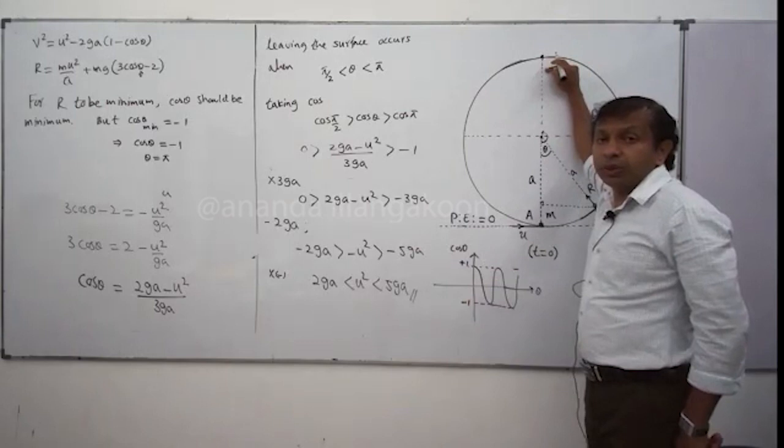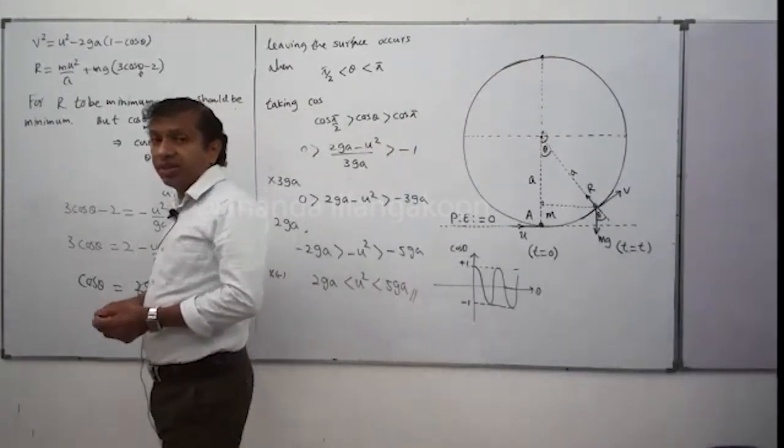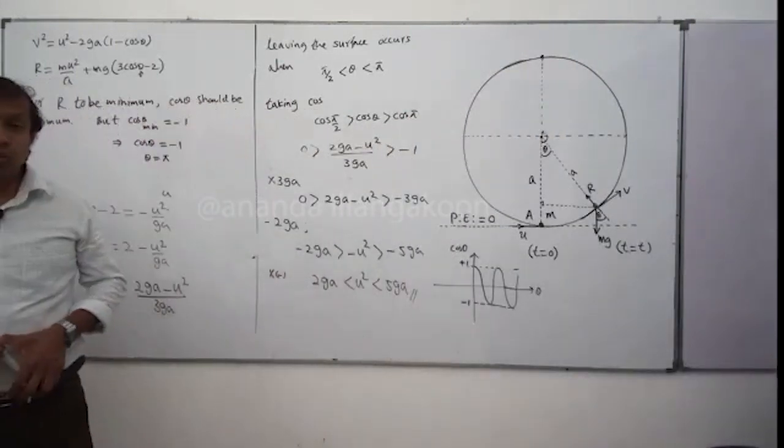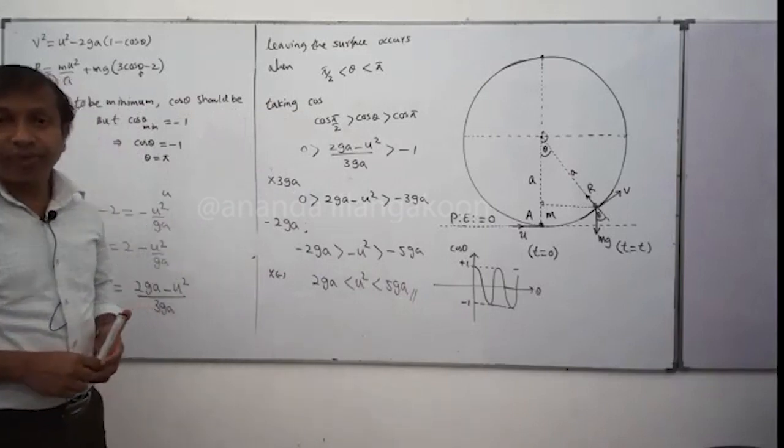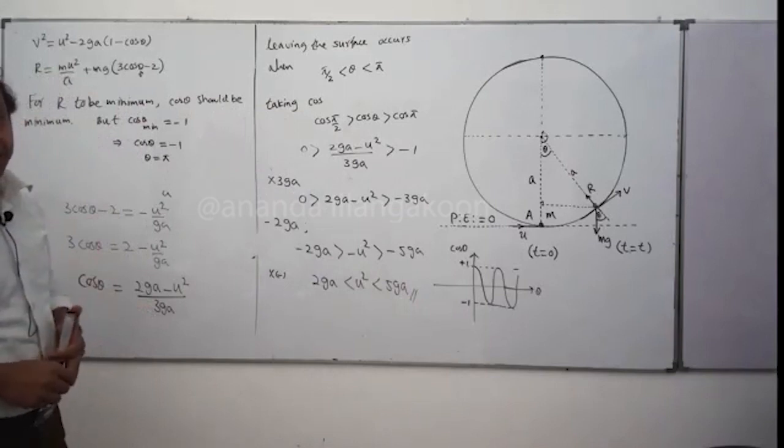What is the condition required for this particle to move in a complete circle? At the highest point, the normal reaction should be positive. The same condition as in the previous question, where we discussed the condition for the particle to move in complete circles: at the highest point, the tension should be positive. In this case, we have the normal reaction.